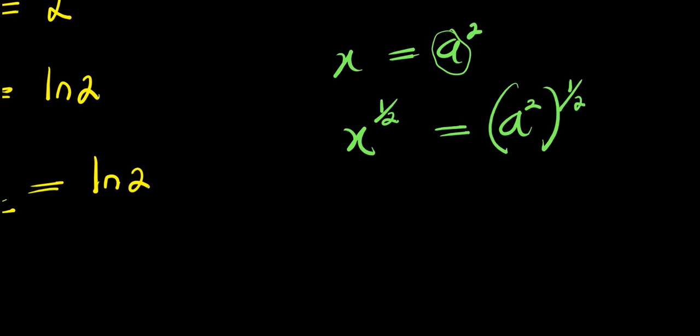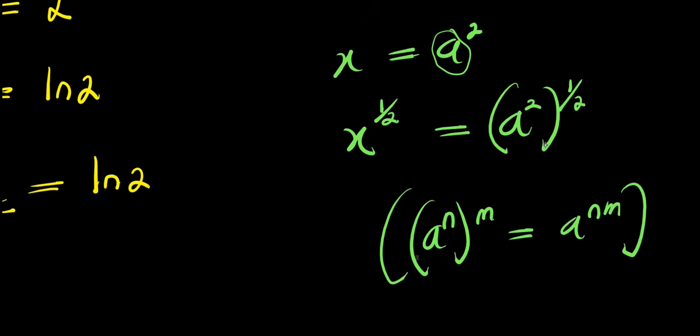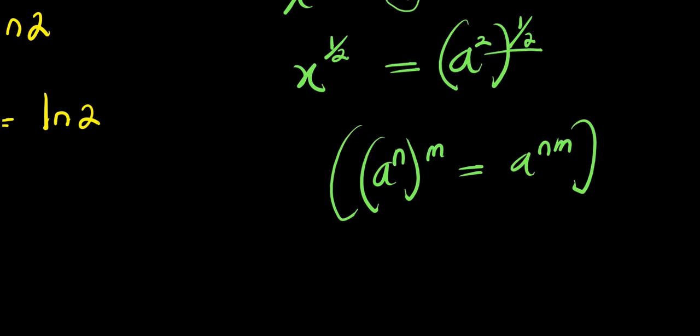So from here, remember, (a^n)^m equals a^(n times m). So I multiply this out. I will simply have x^(1/a) equals a^(a times 1/a).